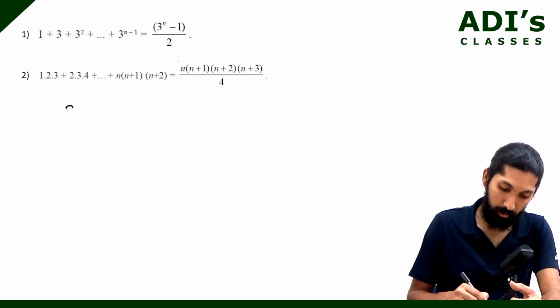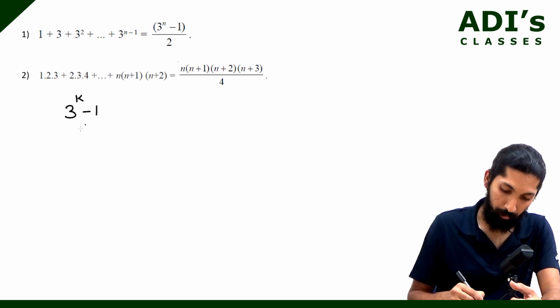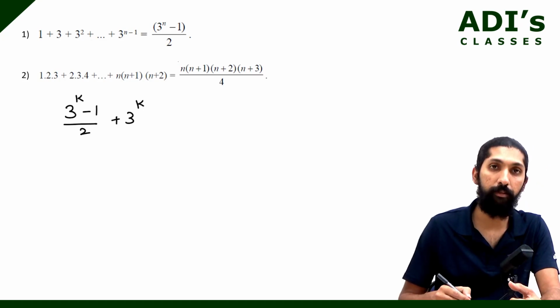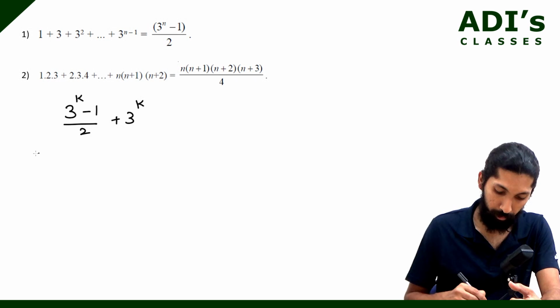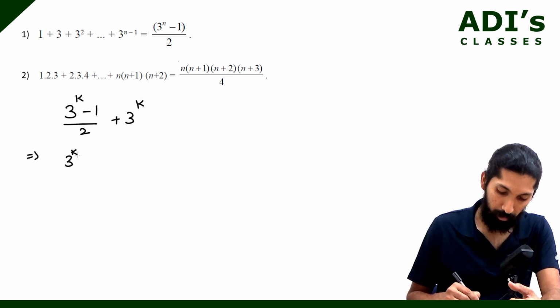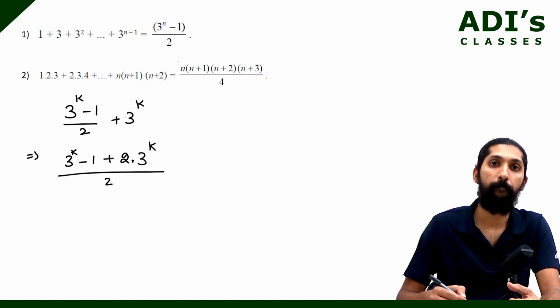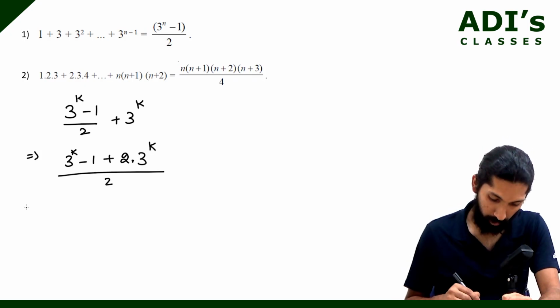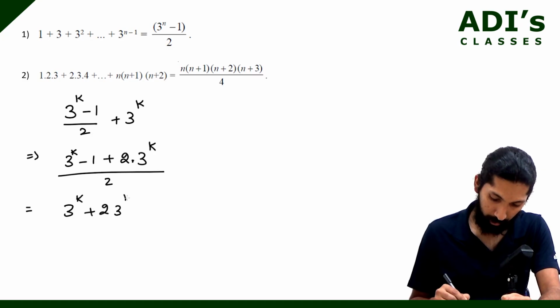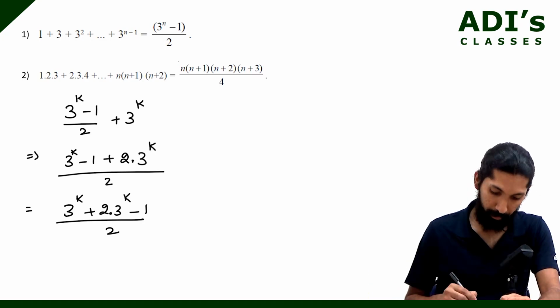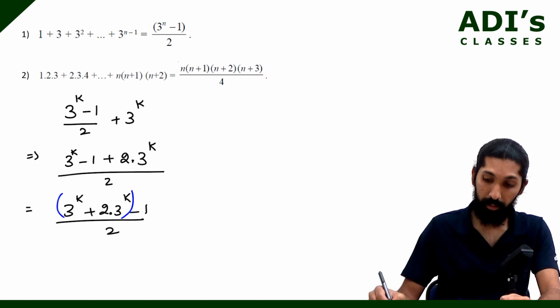What you have is (3 to the power of k minus 1) by 2 plus 3 to the power of k, isn't it? Next, take the LCM: (3 power k minus 1 plus 2 into 3 power k) divided by 2. Correct? So, 3 power k plus 2 into 3 power k minus 1, by 2. Between these two, you can take 3 power k common.